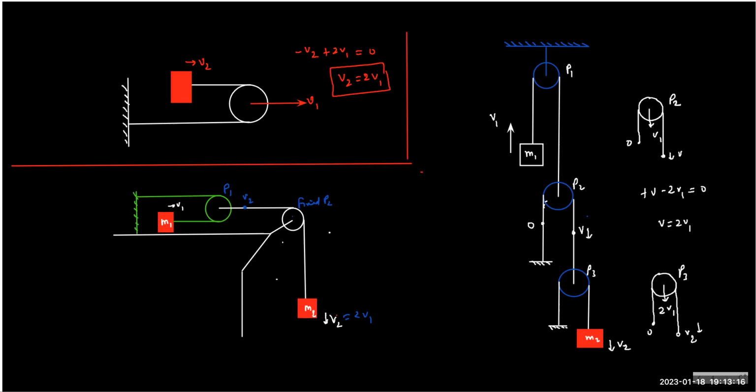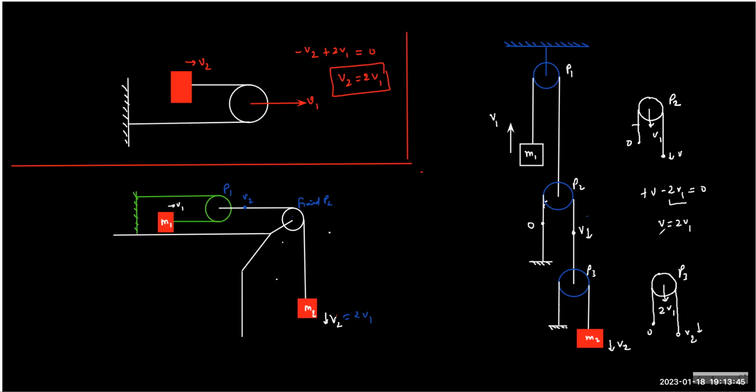What will V do to the segment? Elongate. And V1? Shrink. V1 will shrink both segments, right? So that's why we have 2V1. It is clear now? Yes, sir, got it.